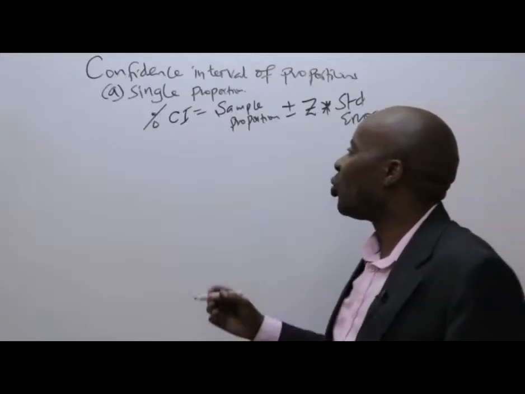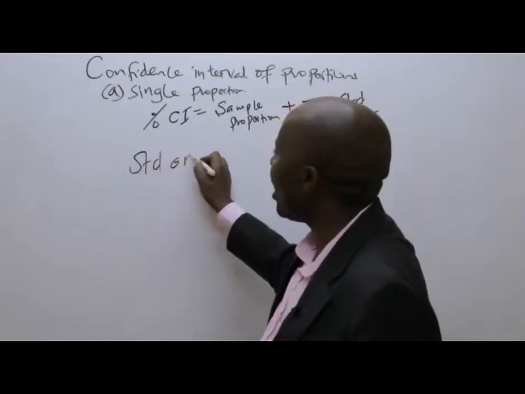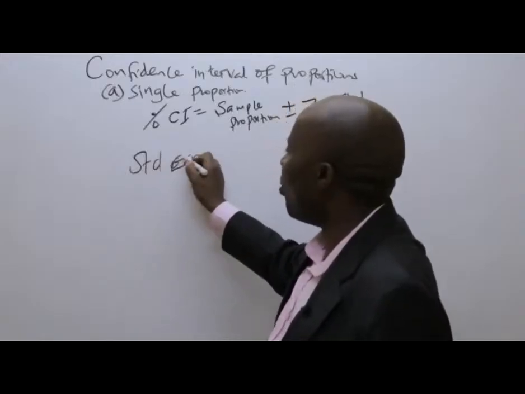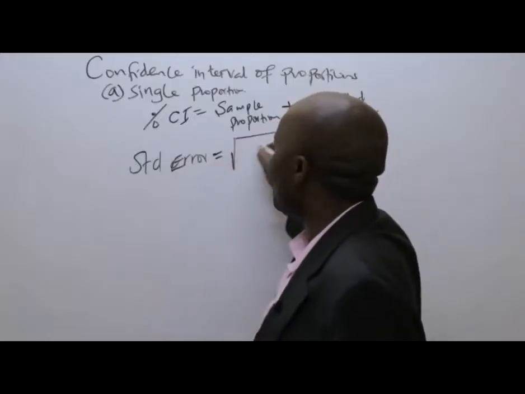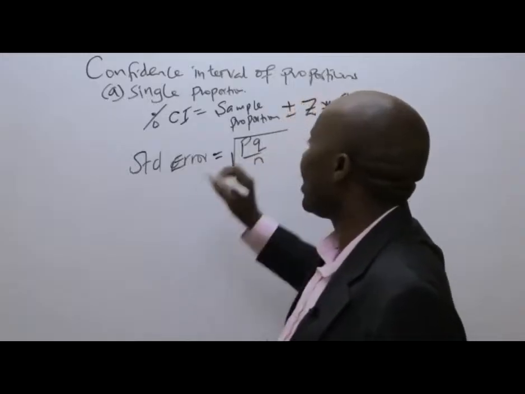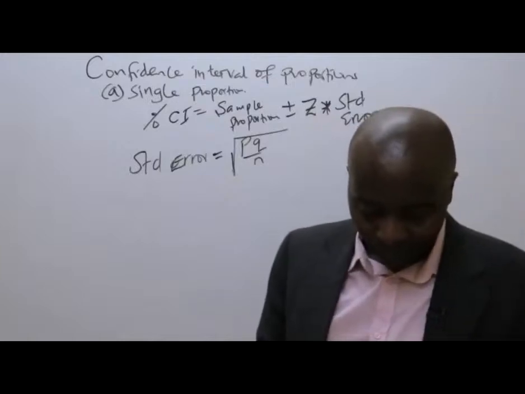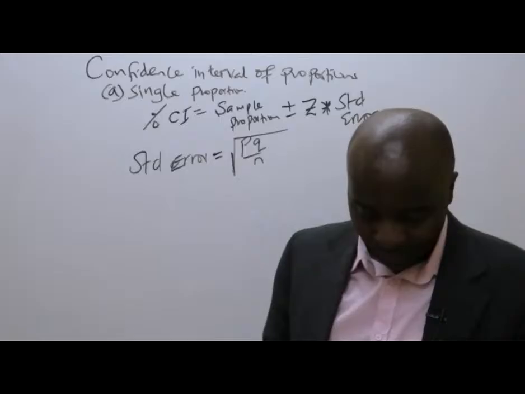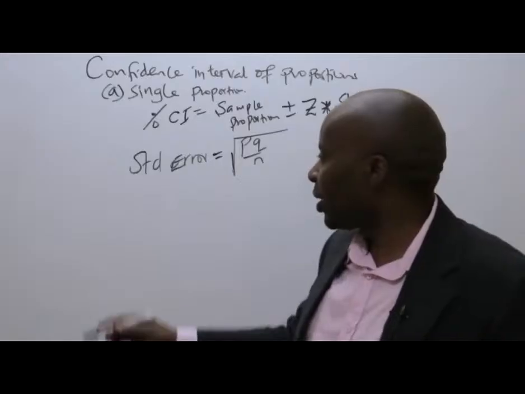But now, how do we get, ladies and gentlemen, the standard error in situations where we have proportions? To get the standard error here, we'll be taking P multiplied by Q all over N, all over N. Ladies and gentlemen, this is quite important.